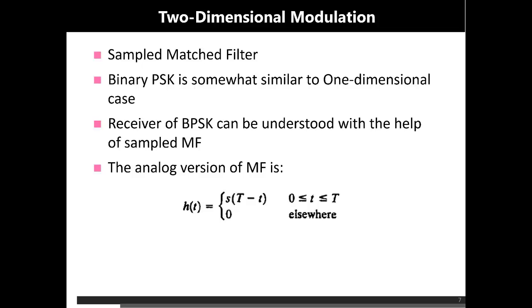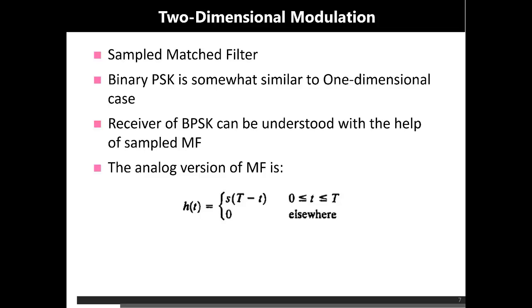So before considering the general architecture of the M-ary phase shift keying receiver, we talk about the case of binary phase shift keying, because binary phase shift keying is very similar to the one-dimensional case. So it can be simply understood with the help of the matched filter receiver. And if you remember, the matched filter concept was that on the receiver side, in each branch we perform filtering with a filter which is matched to each transmitted pulse.